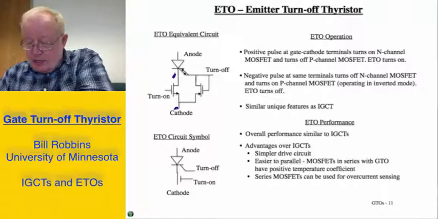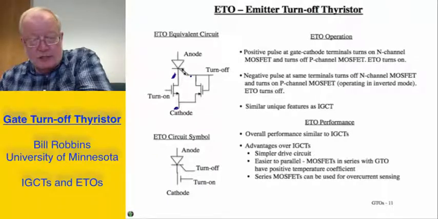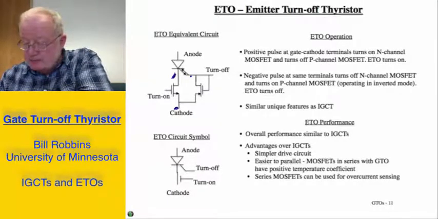At the same time, I'm shorting the gate down to the external cathode. And so I'm applying a negative gate to cathode voltage, and I can control what that voltage is by means of the MOSFET and probably some kind of resistive divider circuit that applies a known voltage across the off-state N-channel MOSFET.